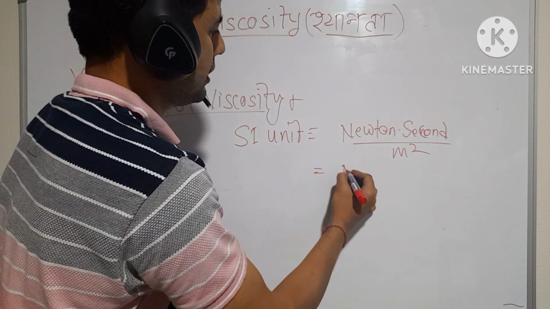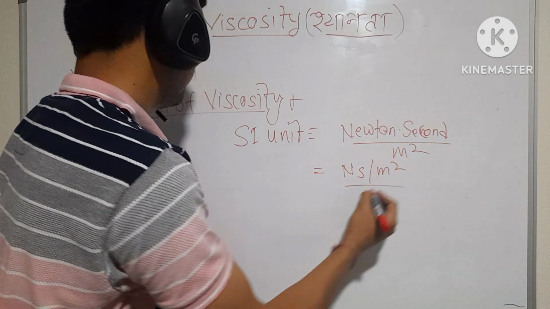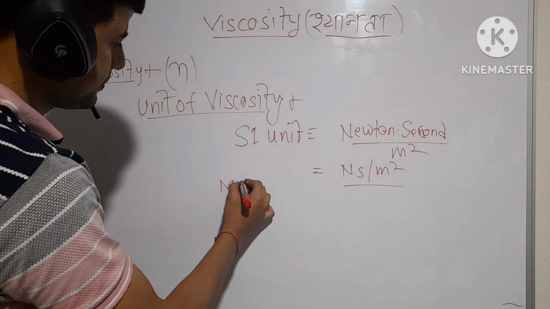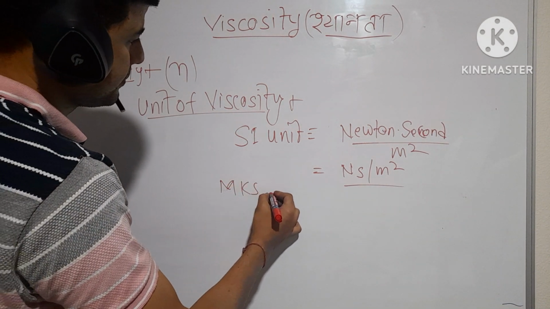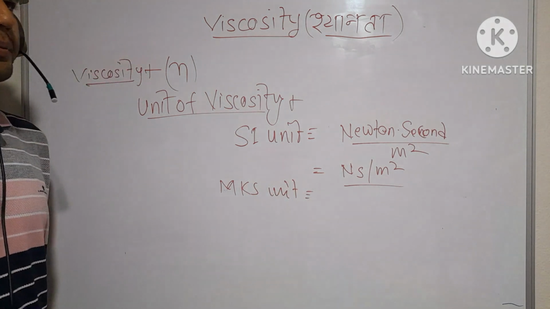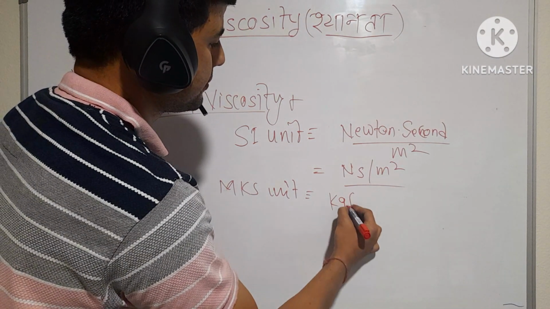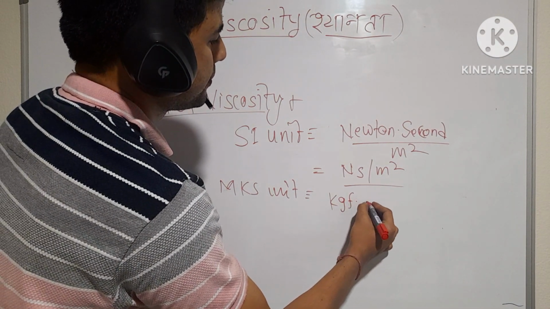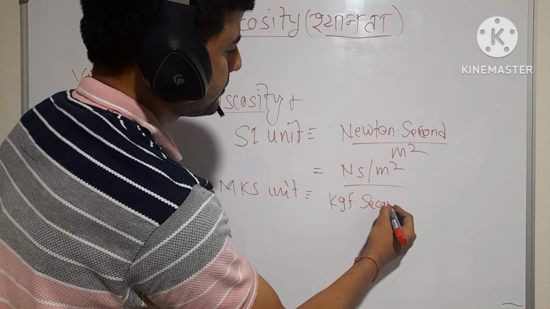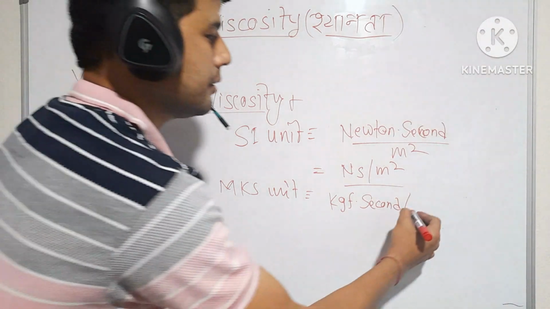In MKS unit it is kgf second per meter square.